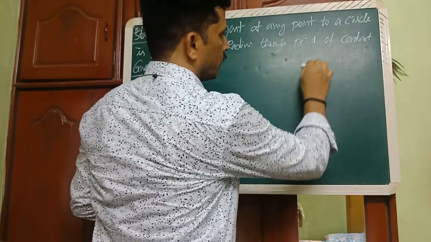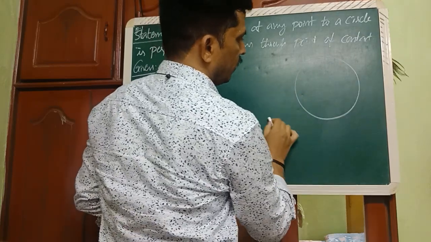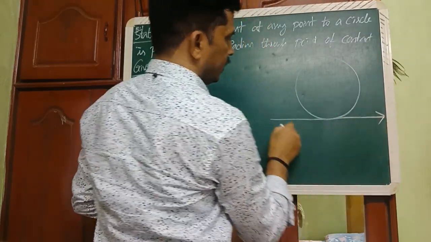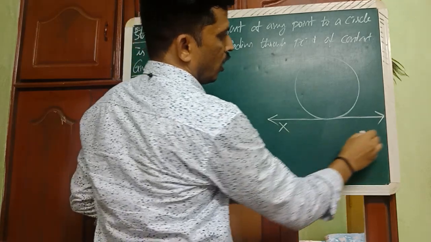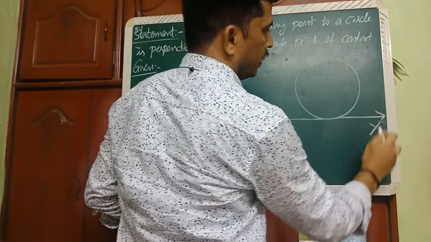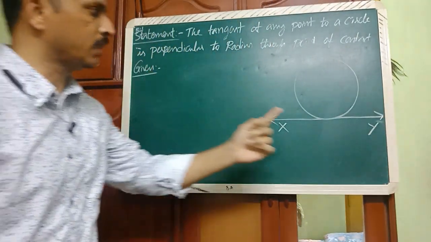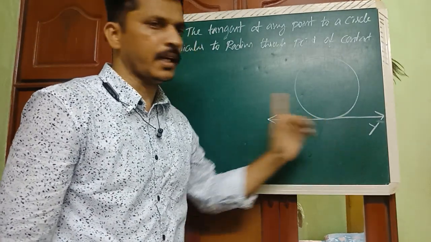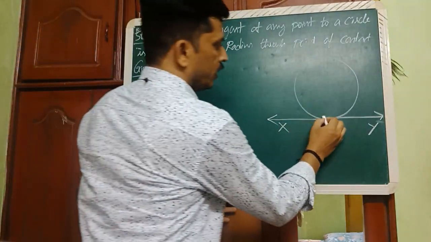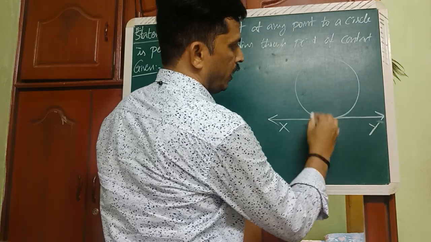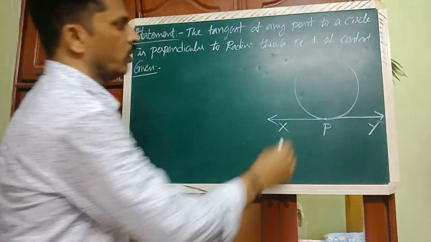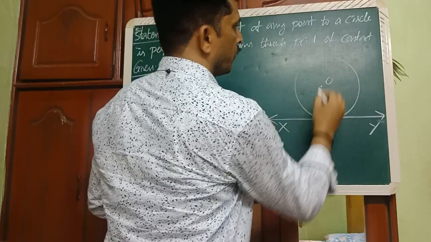They give a circle and a tangent. You already know the definition of a tangent: a line which touches the circle at only one point is called a tangent of a circle. That point I take as P, and O is the center of the circle.